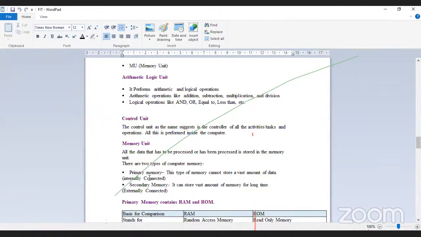In that place we'll keep them. So RAM, ROM and cache memories are on the motherboard itself. That is the reason these memories are known as primary memory. It cannot store a large amount of data.